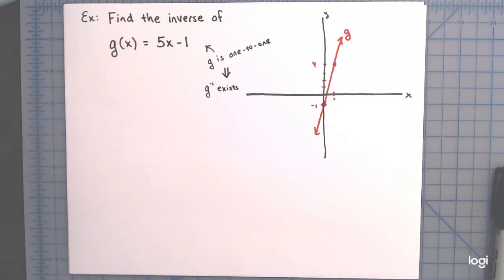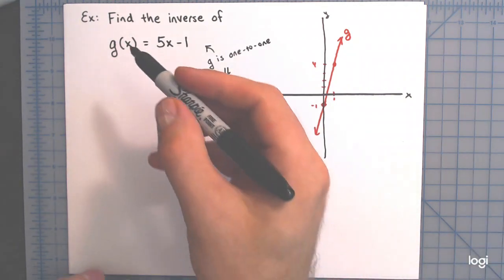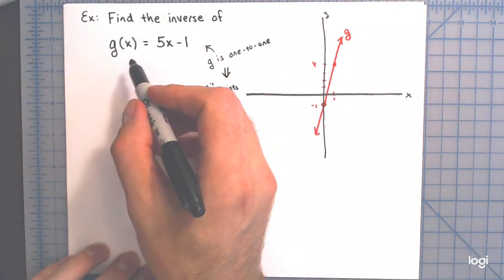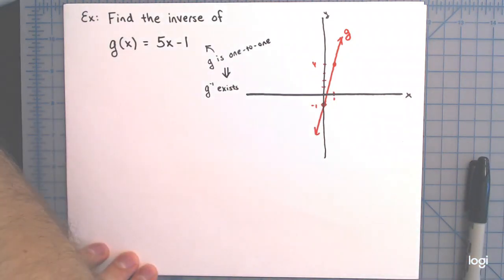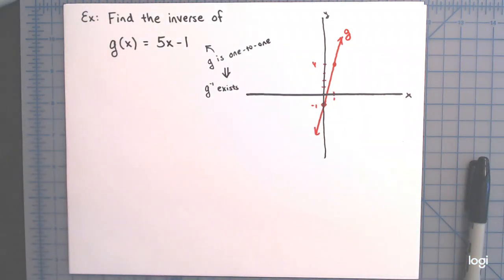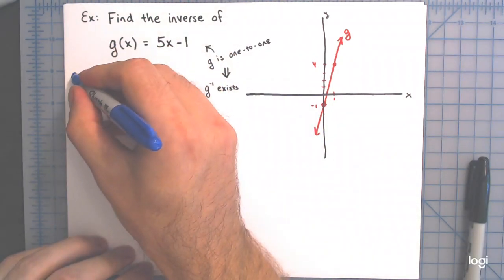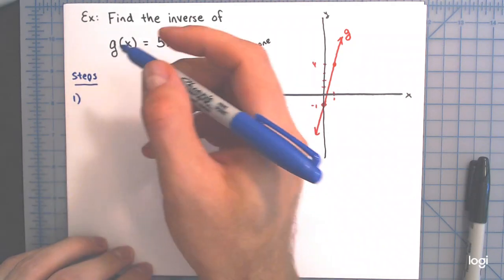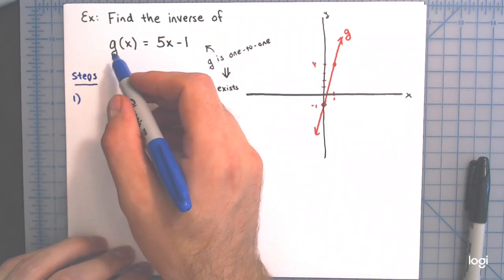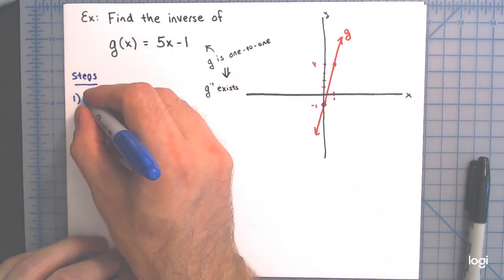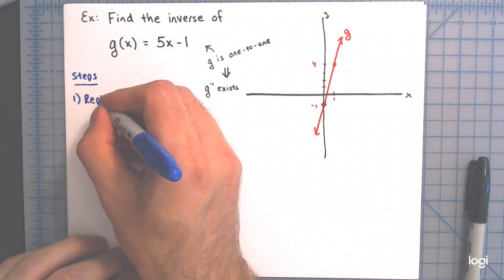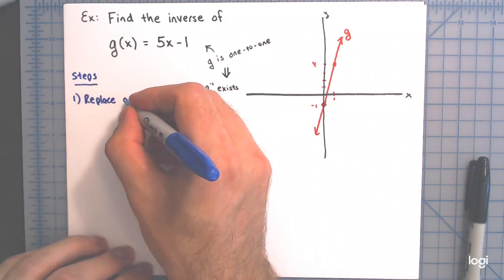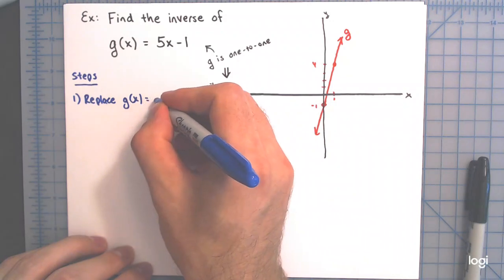Alright, so the steps: how am I going to do this when I'm given just this equation? First, if it's given in function notation, I'm going to replace g of x with y.